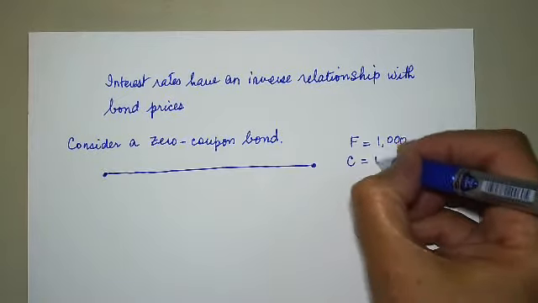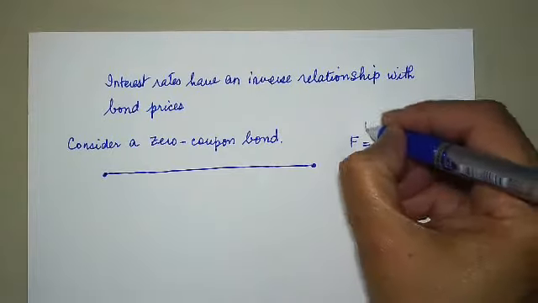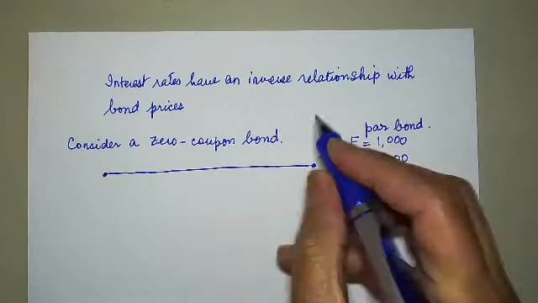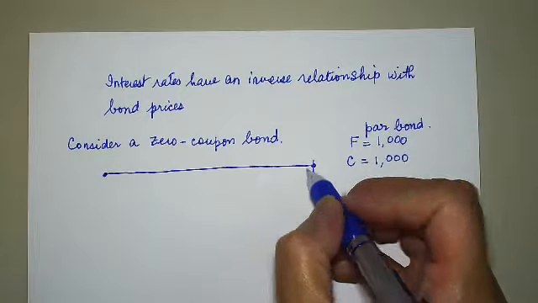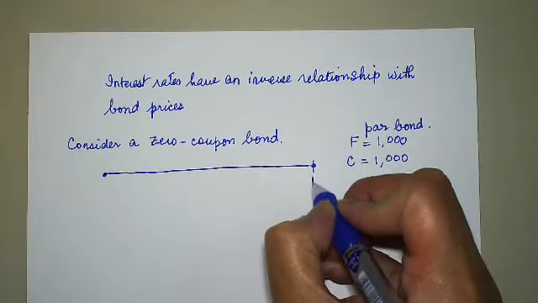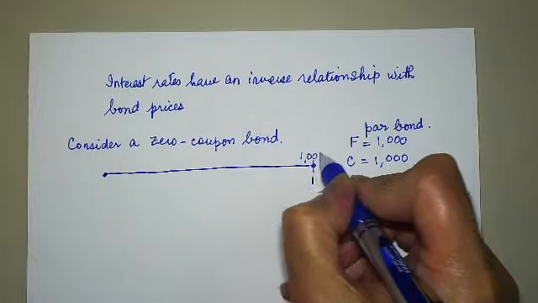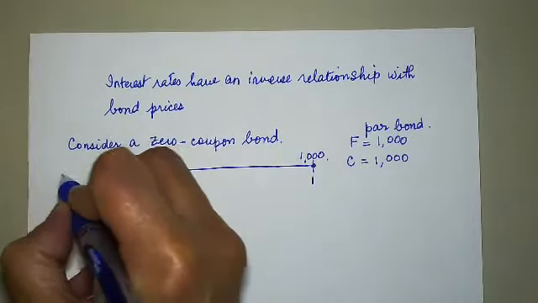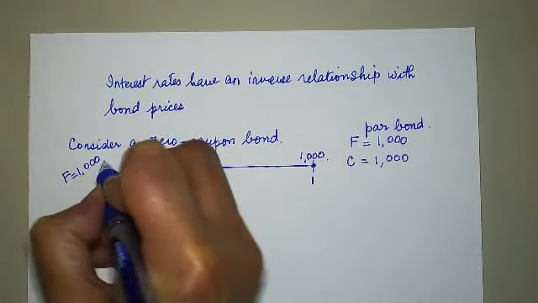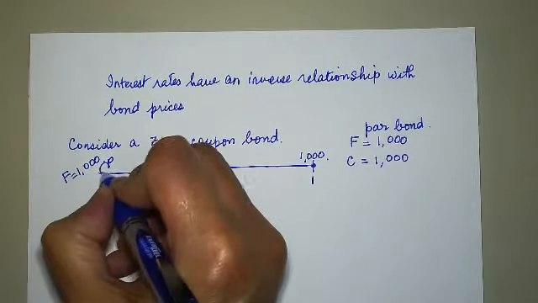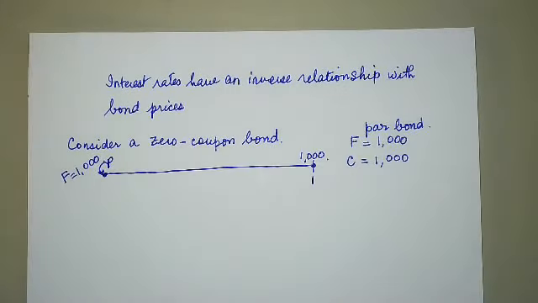And let's say that the redemption is also $1,000. So this is a par bond. Redemption at time 1, make it nice and easy. F equals 1,000. Price I don't know yet. P for price, I don't know what that present value is.